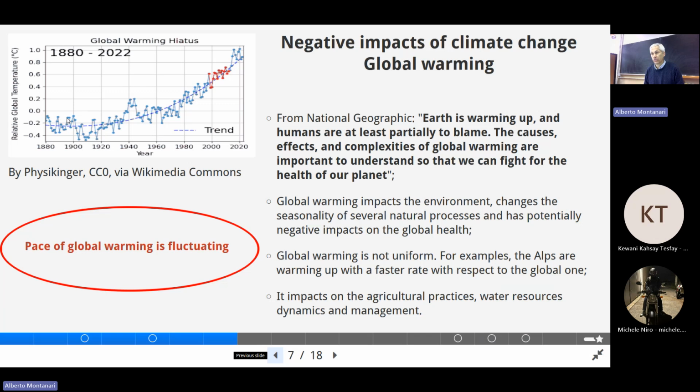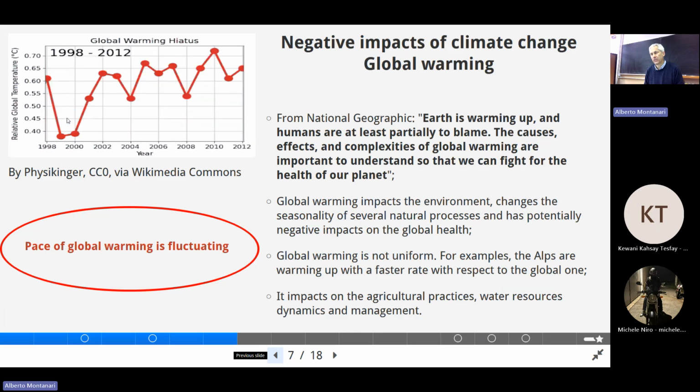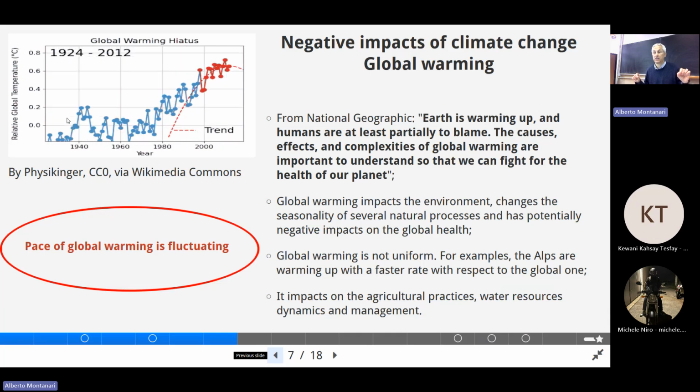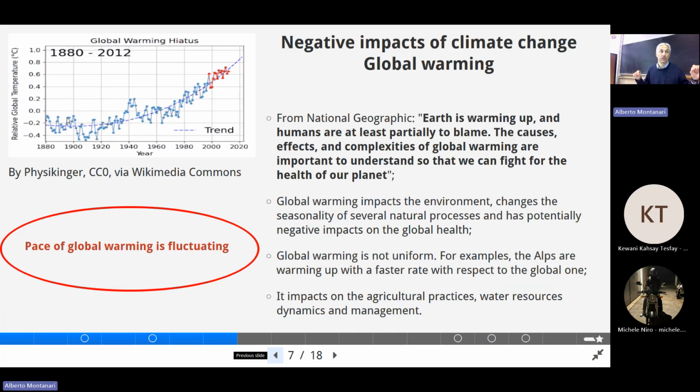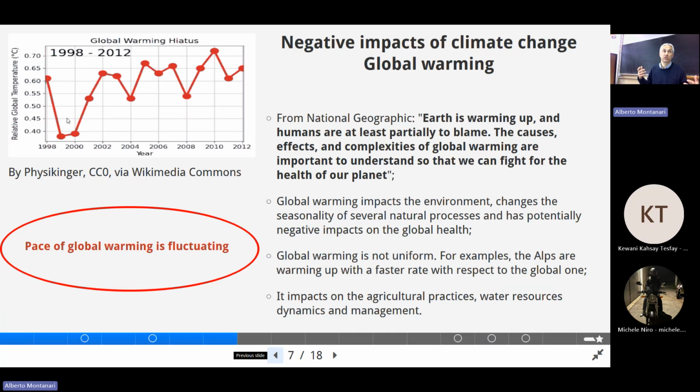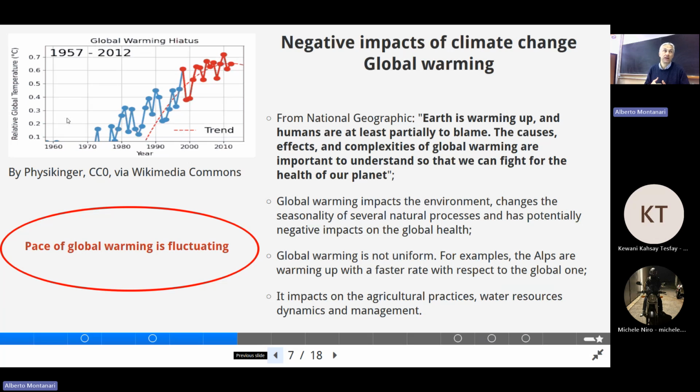So global warming is not uniform, and what is the impact? If I had to identify the main impact of climate change, I would say agricultural production. So food production. It is extremely important because, of course, if we say agriculture, we don't understand. If we say food, we understand it's important. And it is probably the sector that is more impacted.